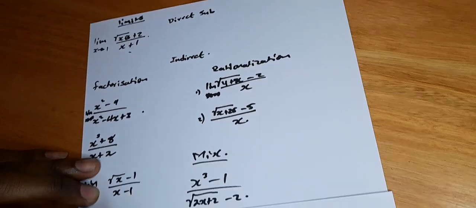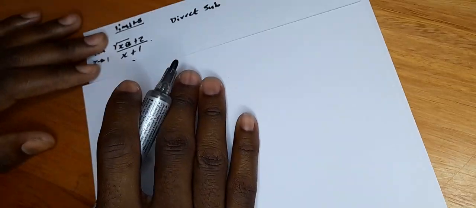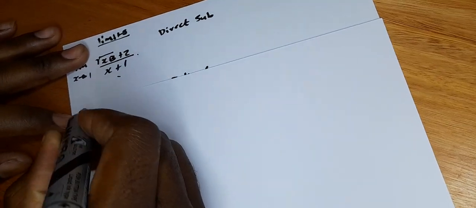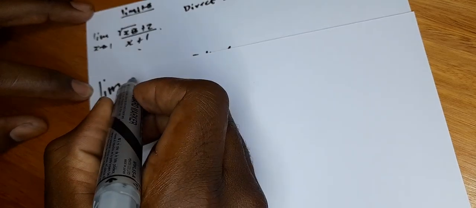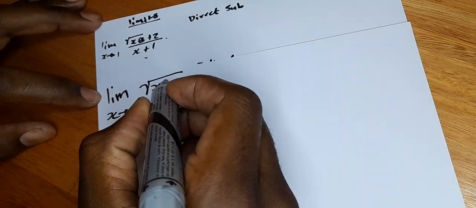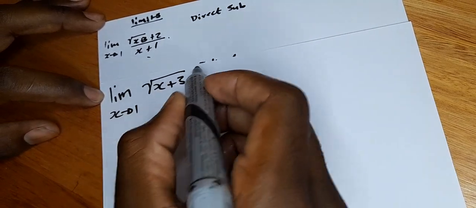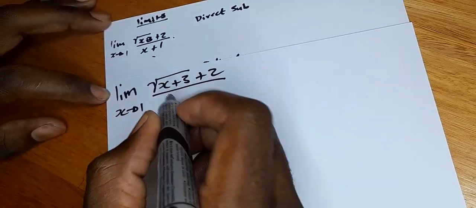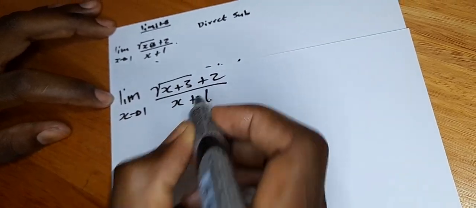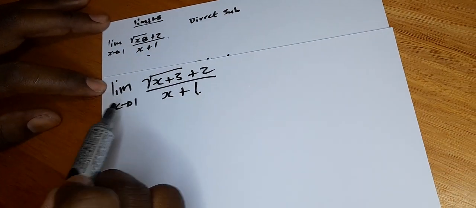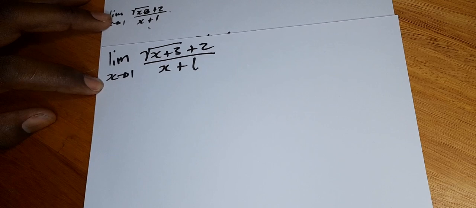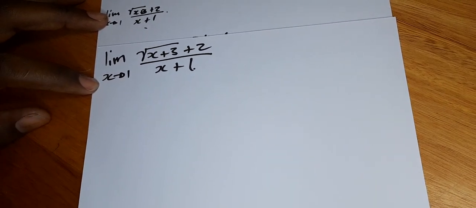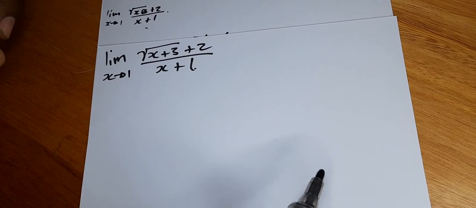For instance, let us take this as our example: the limit as x approaches 1 of the square root of x plus 3, plus 2, all over x plus 1. They say find the limit when x approaches 1, and you are given your function.